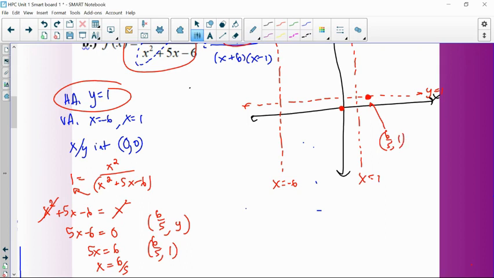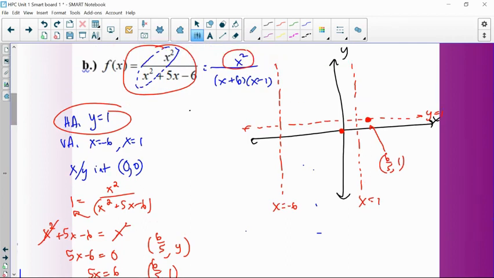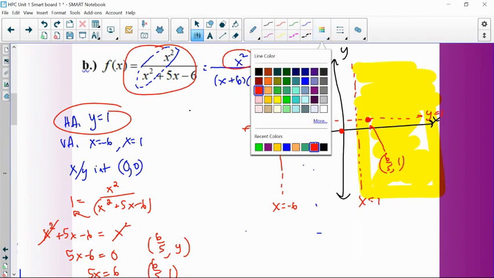Now, finding that cross point is actually a really good thing, because if we think about what's happening to the right of 1, if I highlight this region over here, I realize that I have to behave like the asymptotes. Remember, there could be one of two things: I'm either going to be bounded above or bounded below.